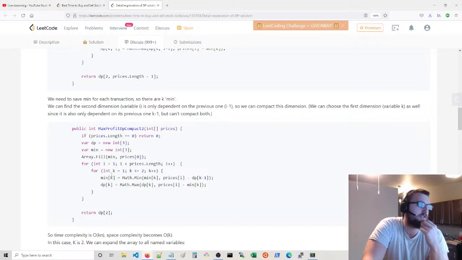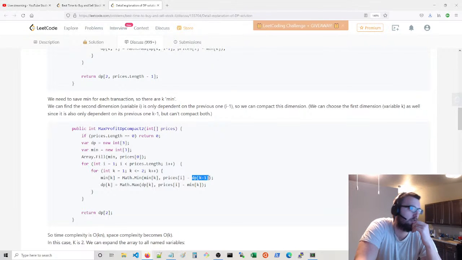And the second transaction, though, depends on the first transaction. So when k is 2 now, you would say take the difference in the prices and the previous best transaction. There's only one.